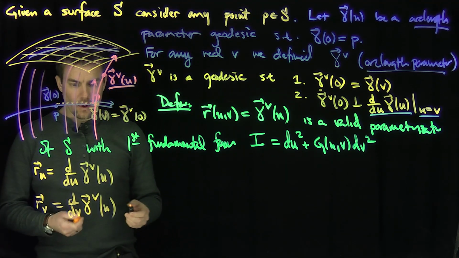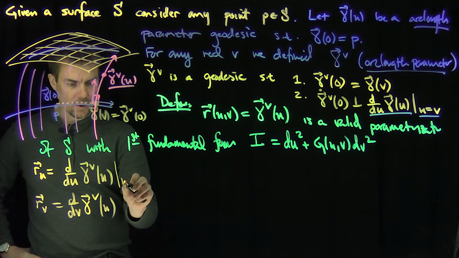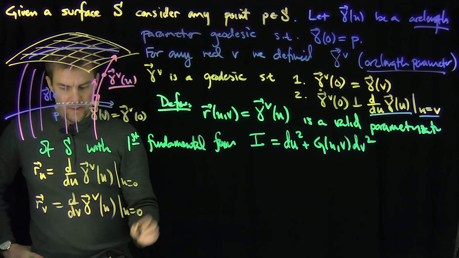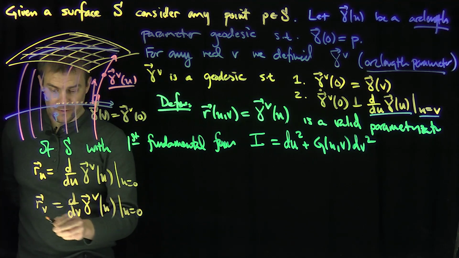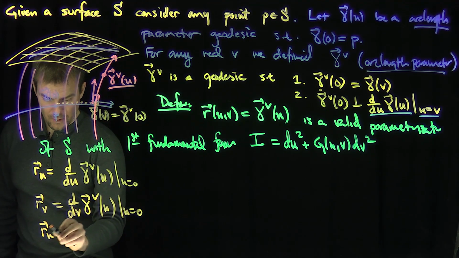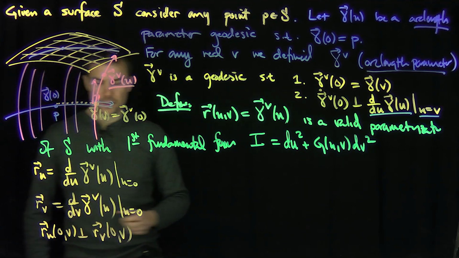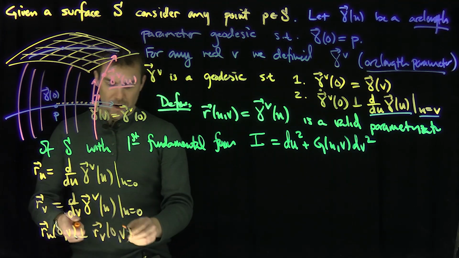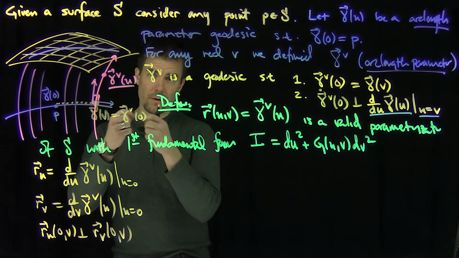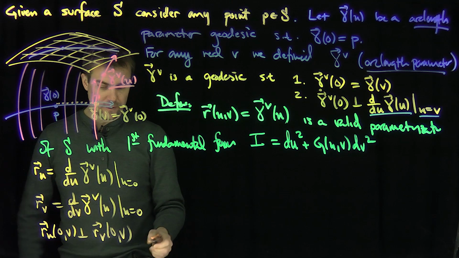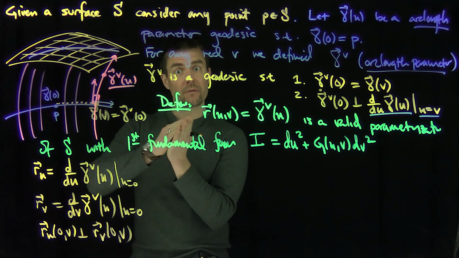Now if I let u equal 0 over here, so I plug in u equals 0, those two vectors at u equals 0 are perpendicular to each other, right? So r_u(0,v) is perpendicular to r_v(0,v). And since the vectors are perpendicular, the surface patch is well defined above the origin, right? Otherwise the surface patch would be ill-defined, if r_u and r_v were parallel to each other, which would give a one-dimensional reduction.